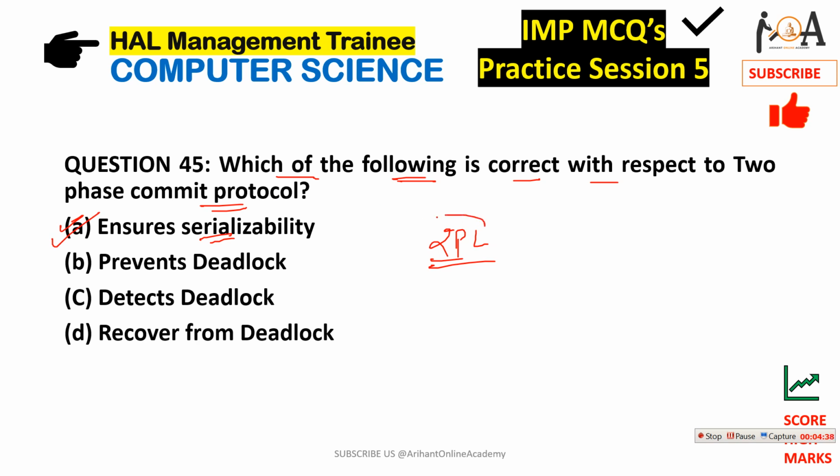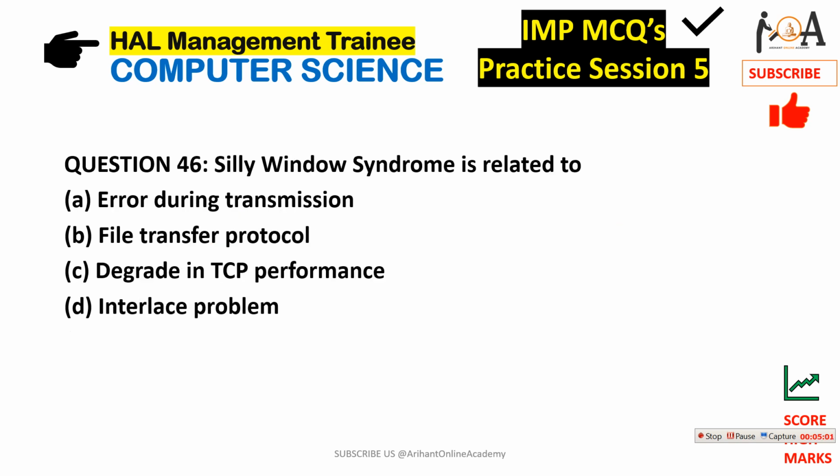It is the concept of 2PL. There are basically two phases: one is the expanding phase and the other is the shrinking phase. The expanding phase would end before the shrinking phase starts. It ensures serializability. Option A is the correct one.